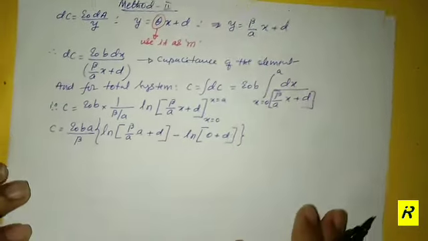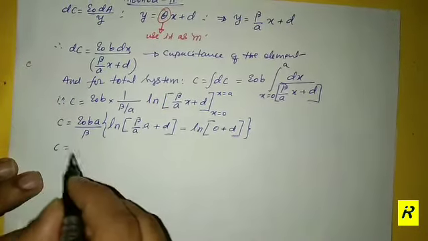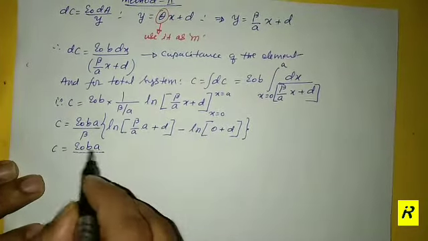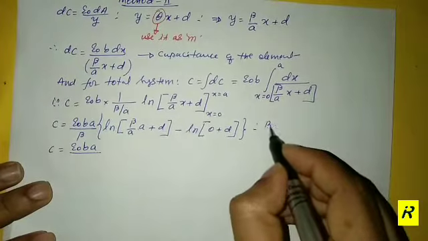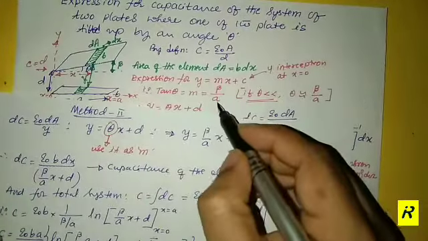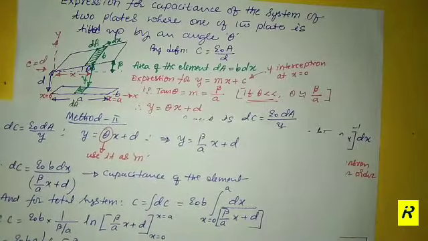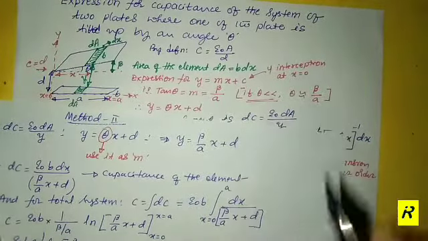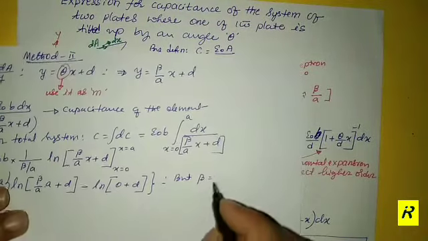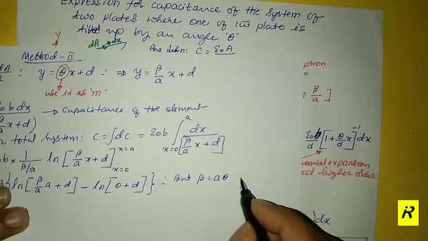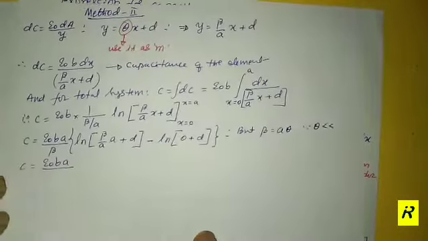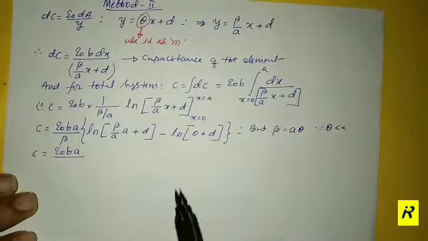Okay, so further what I can rewrite, it is c is equal to epsilon o b into a divided by beta. But what is beta actually? We can rewrite from here, beta, if I again use that theta is very small, then what I can write is nothing but a into theta, because I am assuming theta is very small here. Okay, theta is very small.